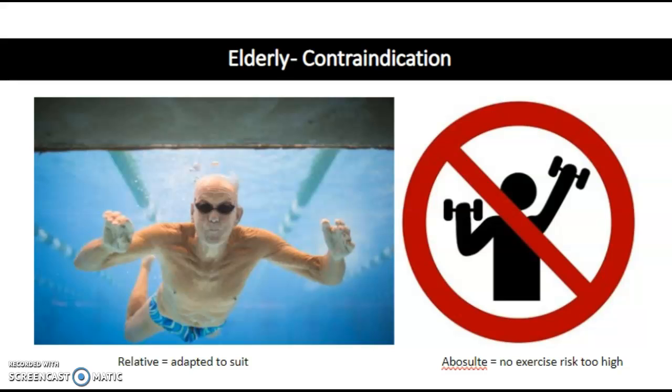However, as long as the individual is cautious, they should be safe, as the risk is significantly lower than an absolute factor. Contraindications are all about weighing the risks against the benefit to ensure the benefits of the activity outweigh the risks. So if a contraindication presents that the risks are higher than the benefits it will provide the individual, that is when it becomes an absolute contraindication.